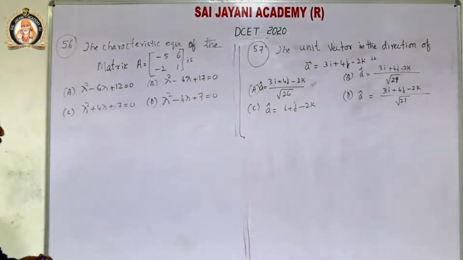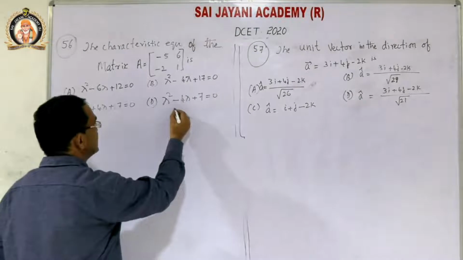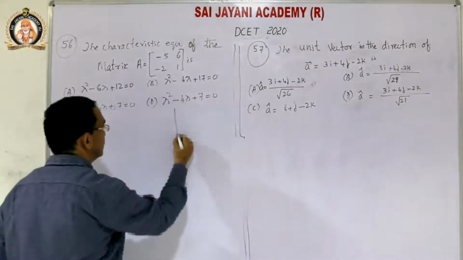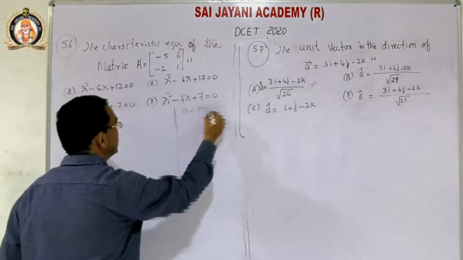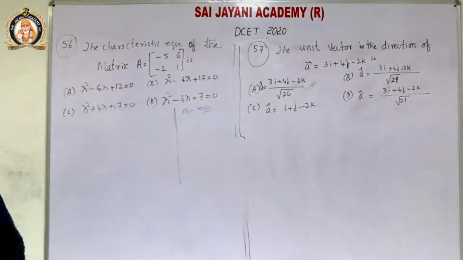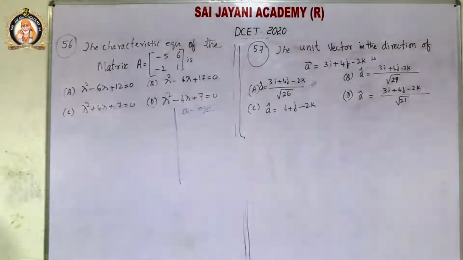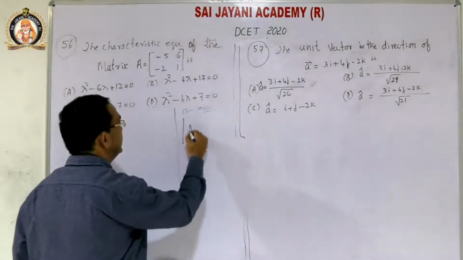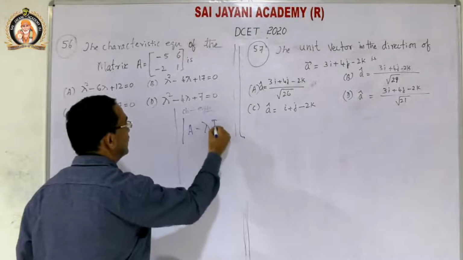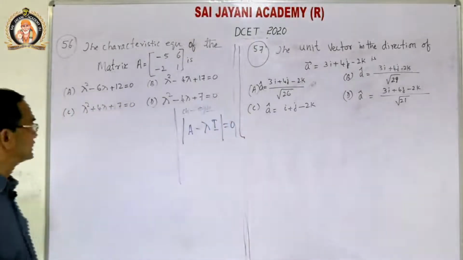Here the very important thing is what the characteristic equation is. The characteristic equation is the determinant of A minus lambda I is equal to 0, right? Determinant of A minus lambda I is equal to 0. This is the characteristic equation.